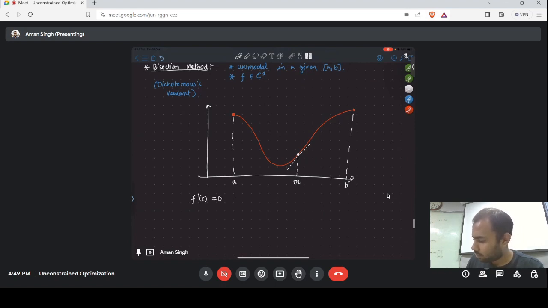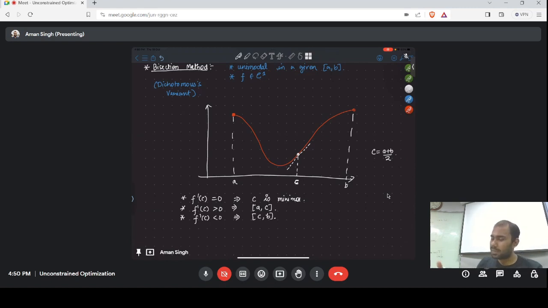If it is 0, then c is the minima. Correct. If f dash c is greater than 0, then the new interval will become a comma c, where c equals (a plus b) by 2. New interval will become ac, and if f dash c is less than 0, then the new interval will become cb.